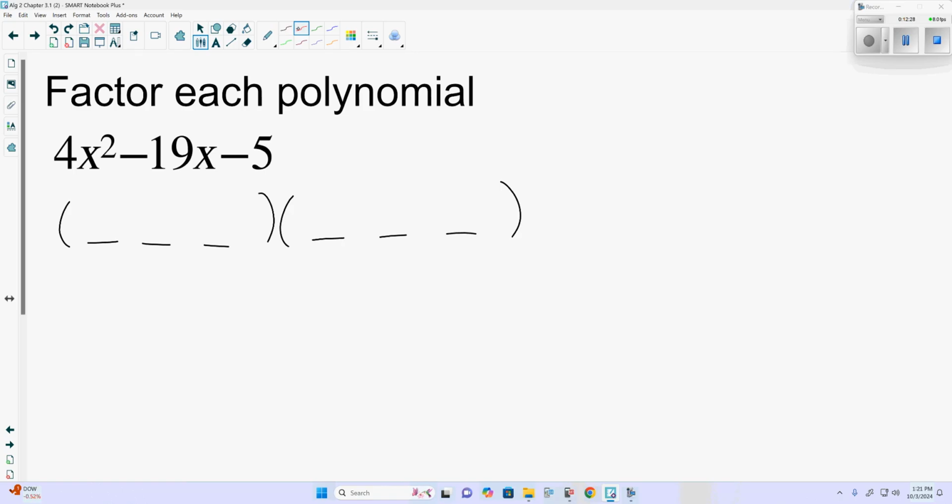If the third term is positive, the signs are the same and match the sign of the middle term. Since it is negative, our signs are different. They're opposite. So we have positive and negative.